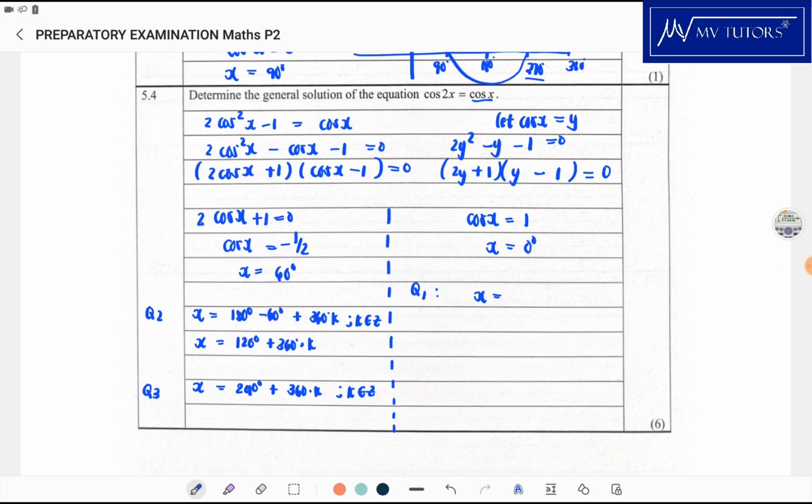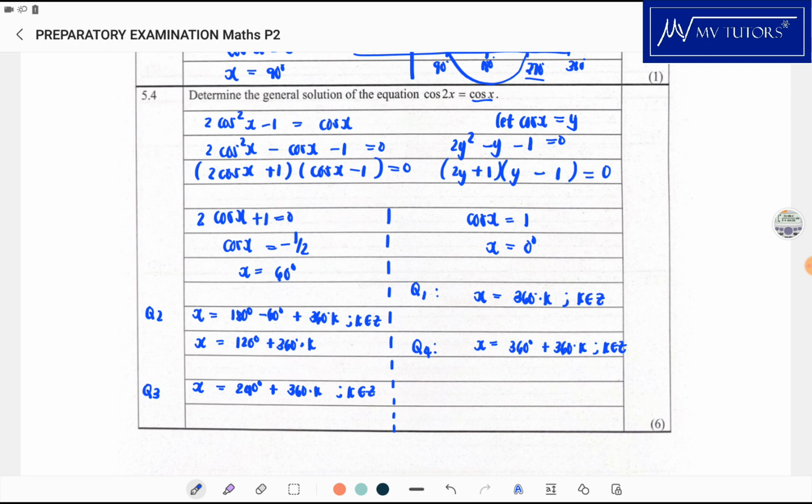And then with regard to quadrant number 1, we can say x is equal to 0 degrees. So how do you put it? x is just equal to 360 times k, where k is an element of integers. And for the fourth quadrant, we can say x is equal to 360 minus 0, which is simply going to be 360 degrees plus 360 times k, where k is an element of integers.